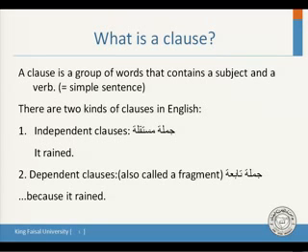And it's not independent. It's like a child. It's a dependent clause. We have to say something else. Because it rained, I stayed at home. Because it rained, I didn't go out.